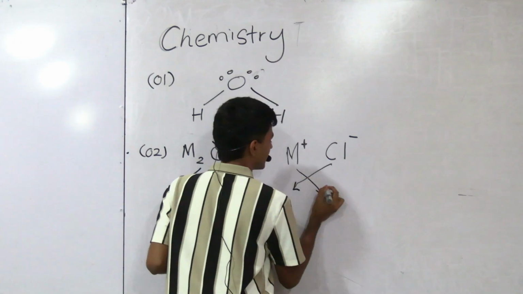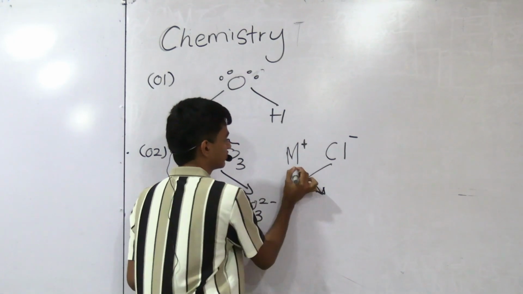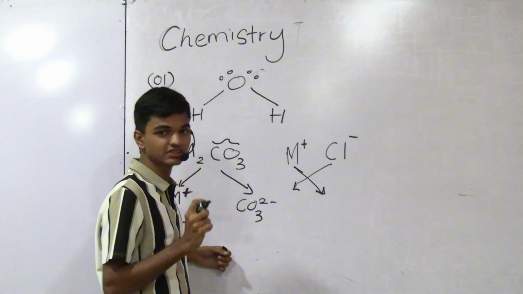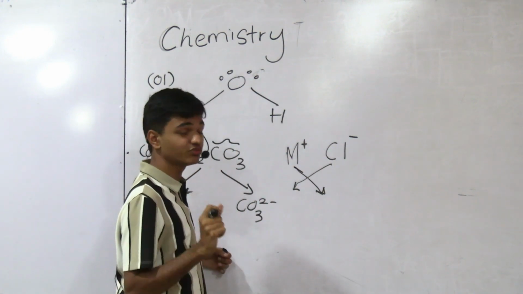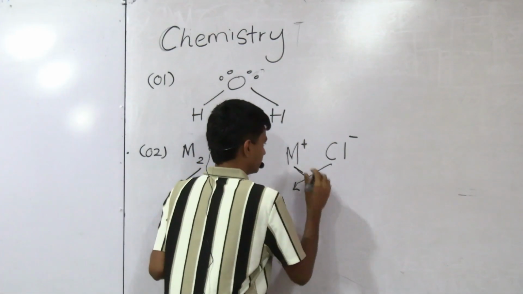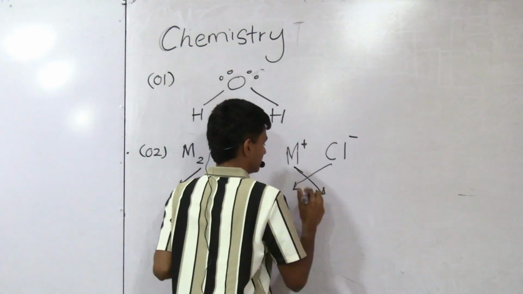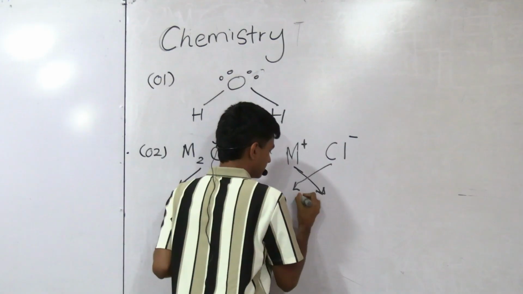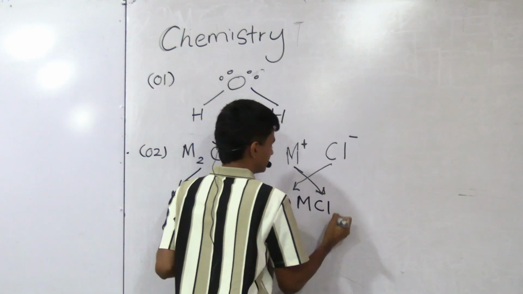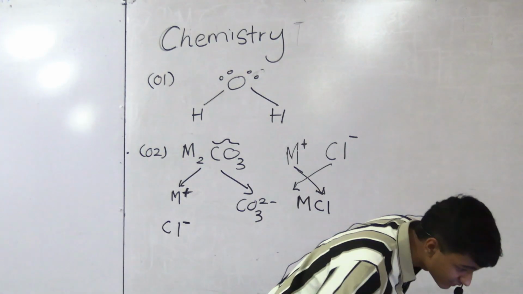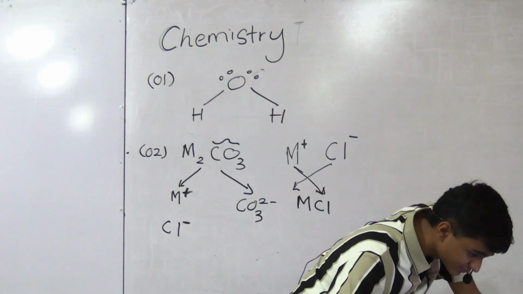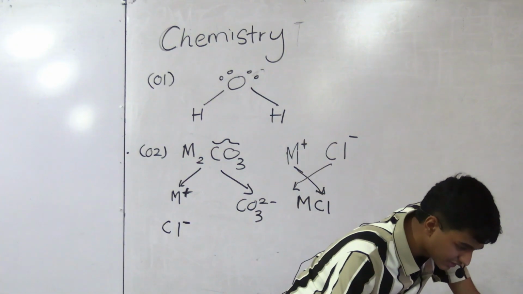So in O levels we have a method called the interchanging method. It's not an official method, but we use it to make things easy in here. I repeat, this is not an official method, right? We interchange the ions. I hope you guys know it by now. So it's going to be M chloride. Okay, so the answer is going to be 1. Question number 2, the answer is 1.